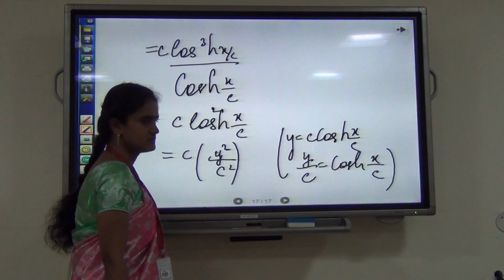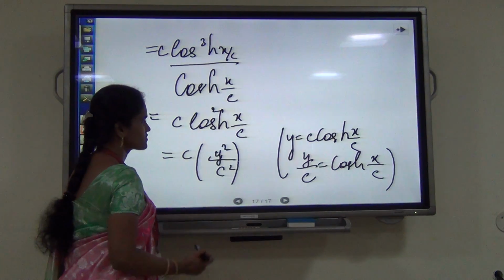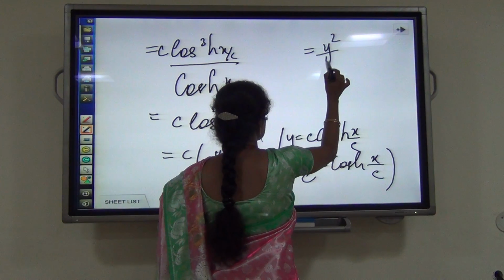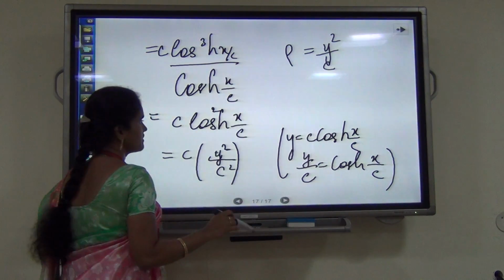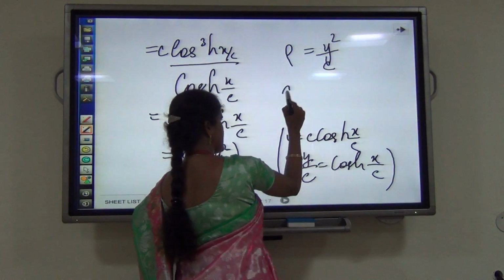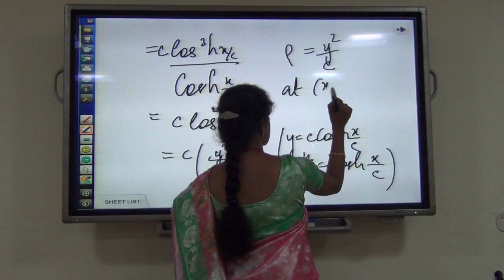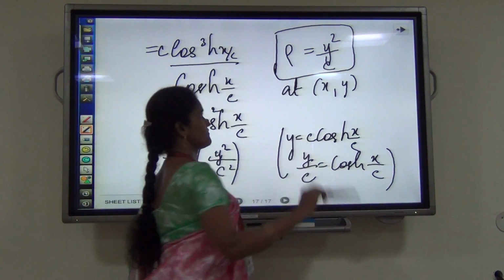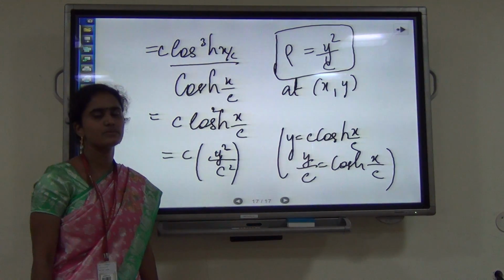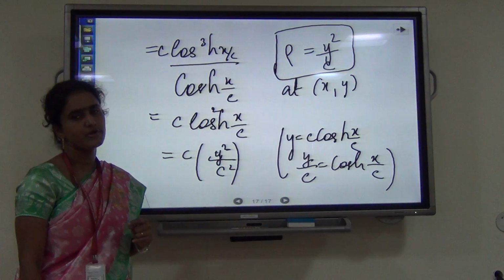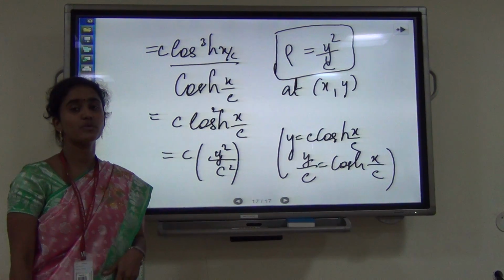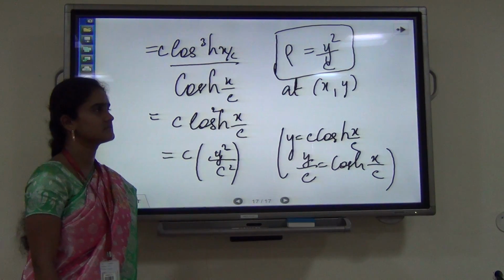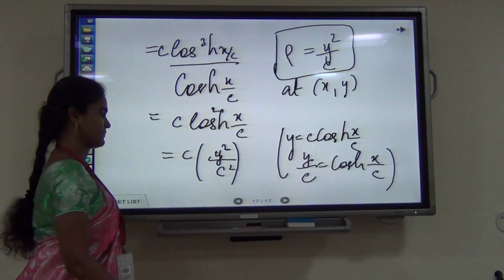Am I right? This whole square here is y square by c square. So at last c gets cancelled, and you get y square by c as rho, which is the radius of curvature at the point (x, y). So we have proved the radius of curvature at any particular point (x, y) for the Cartesian curve y equals c cosh(x/c) is y square by c.